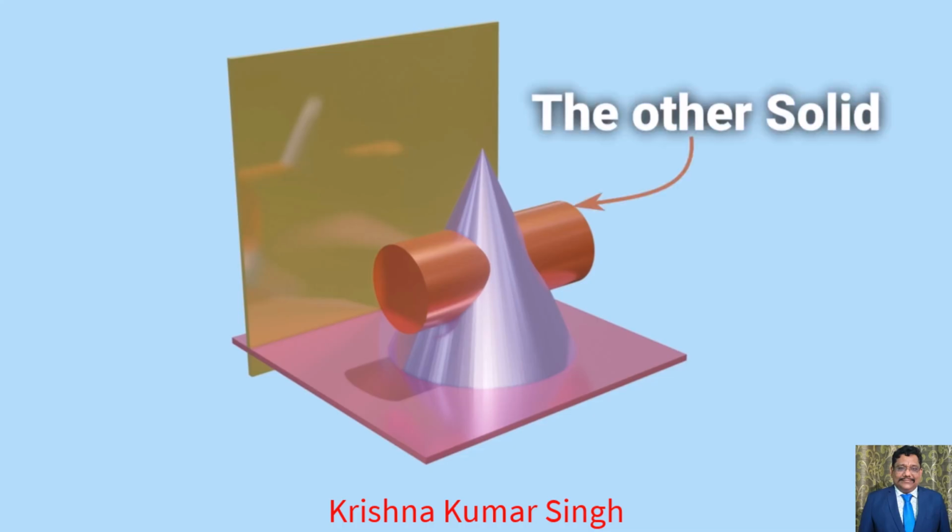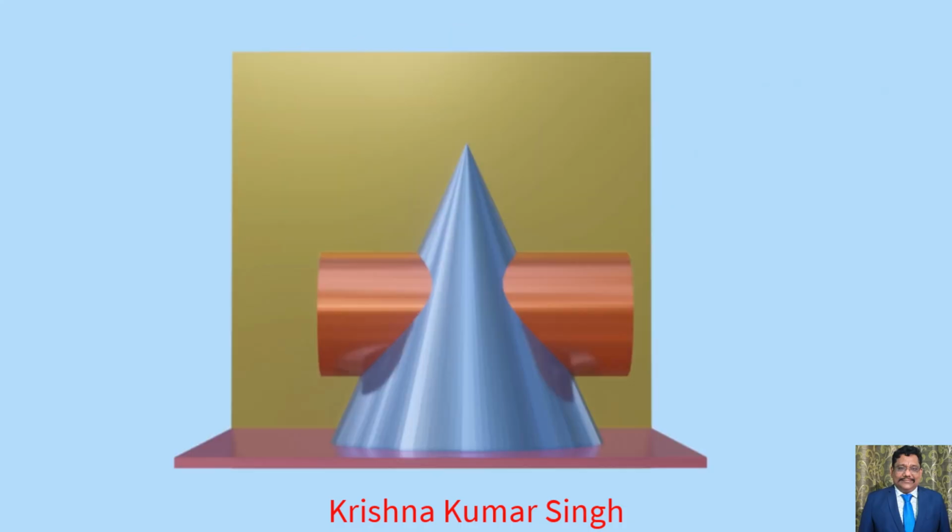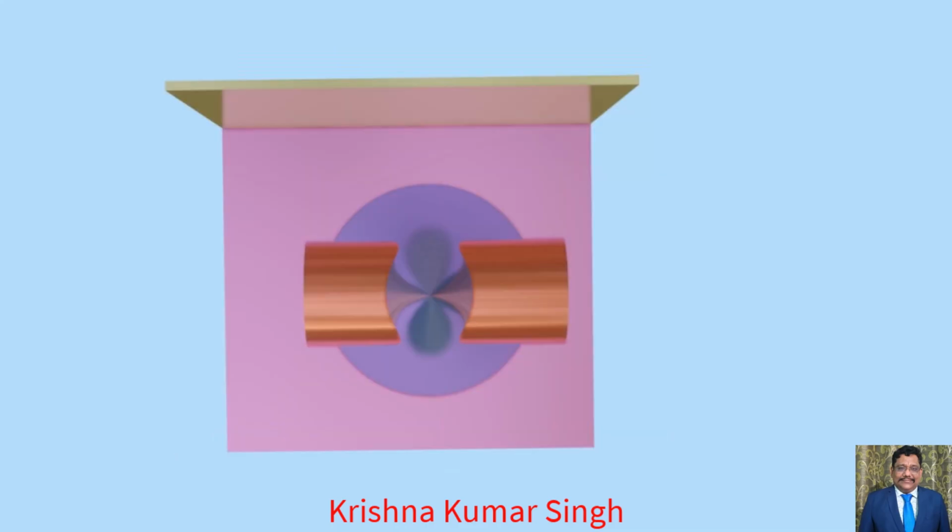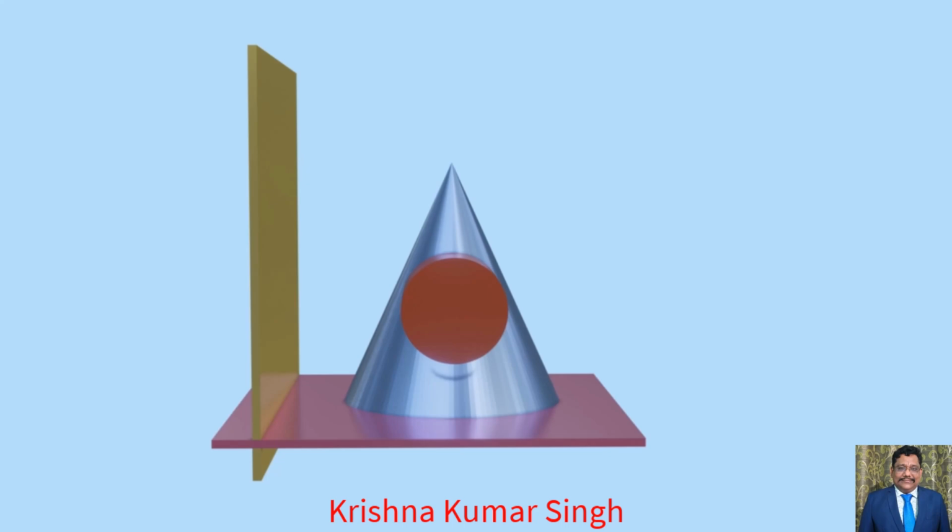Let the other solid penetrate horizontally through the solid which we have assumed standing on HP. Step 3. After drawing both positions of the intersecting solids mentioned in Step 1 and Step 2, draw all the views, that is, front, top and side views of that solid which we have assumed standing on HP.